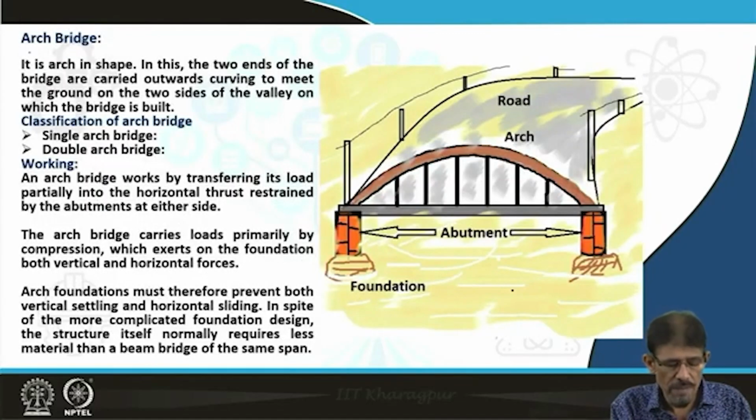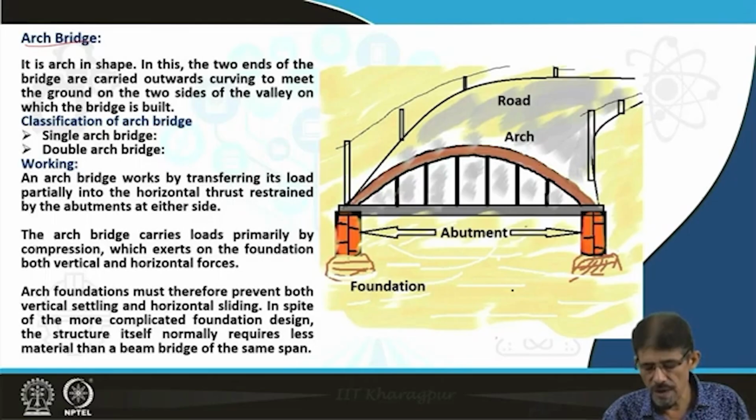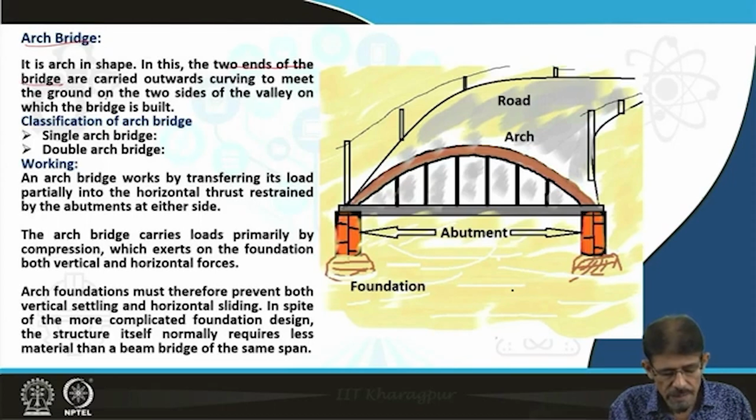The next type of bridge is the arch bridge. As the name indicates, it is arch in shape as a support carrying this deck. In this, the two ends of the bridge are carried outward, curving to meet the ground on the two sides.